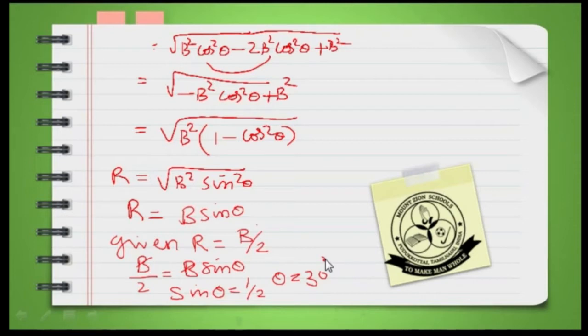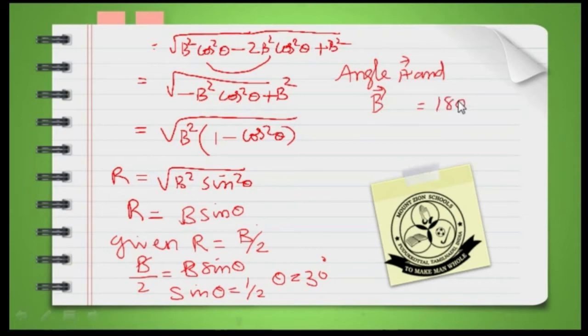You are asked to calculate the angle between vector A and B, isn't it? The angle between vector A and vector B cannot be 30 degree, it should be 180 minus theta.